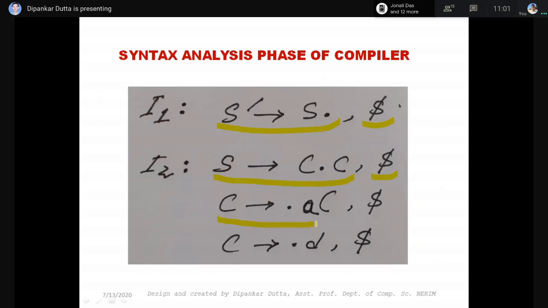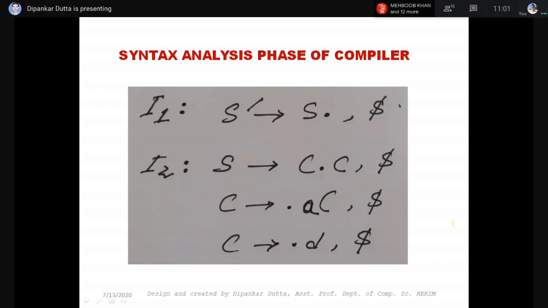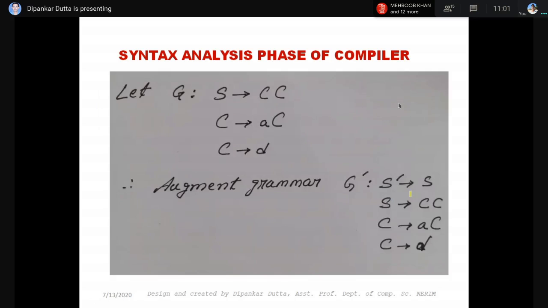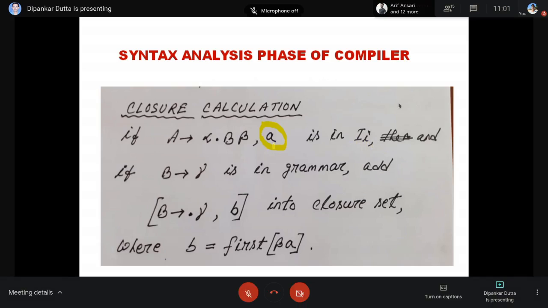Similarly, here also, this is the core part, this is the look ahead symbol. So if A implies alpha dot capital B beta comma a is in Ii, Ii is the canonical item set number. i may be 0, 1, 2, 3 like that: I0, I1, I2, I3, I4 like that. And here small a represents the look ahead symbol.